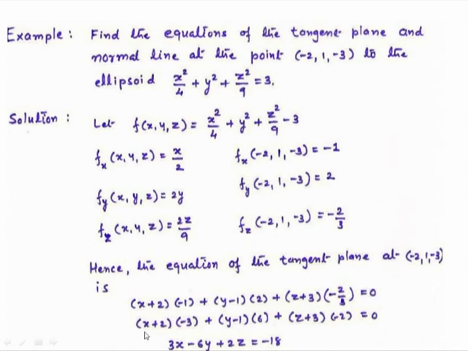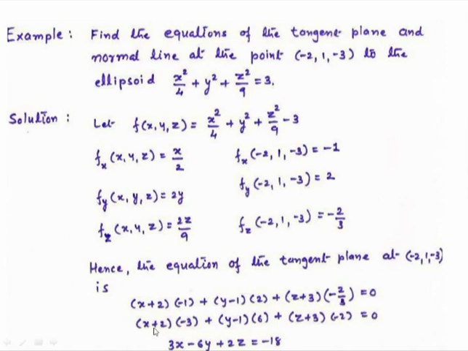So after simplification, we take 3 as the LCM, so minus 3, 6, and minus 2 will be there, and the denominator 3 will be gone on the right side, so it will become 0.